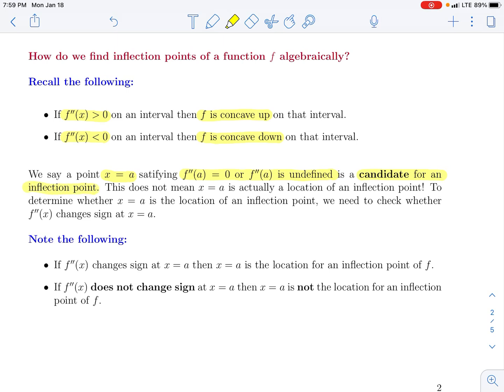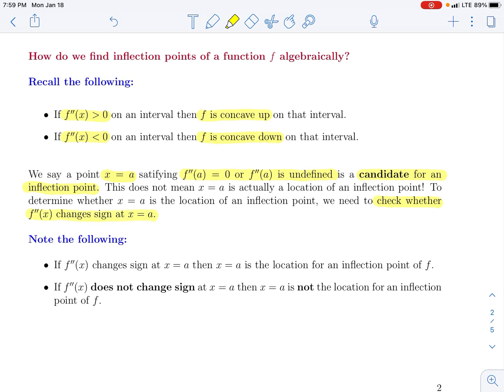This doesn't necessarily mean that that point is in fact an inflection point. To determine whether this candidate is actually an inflection point, we need to check if the second derivative changes sign at x equals a.